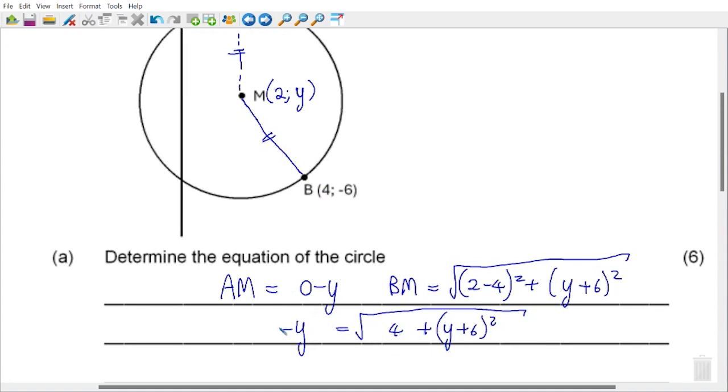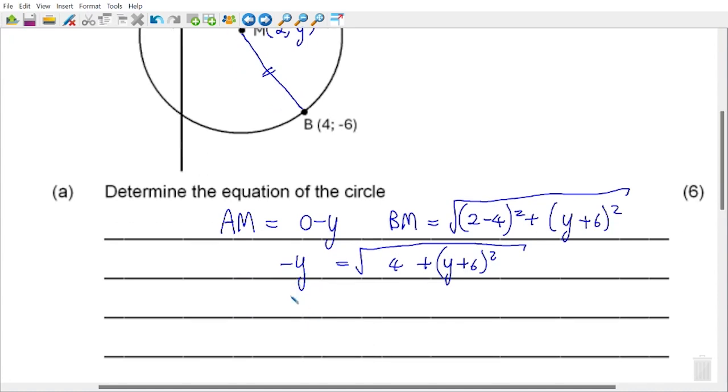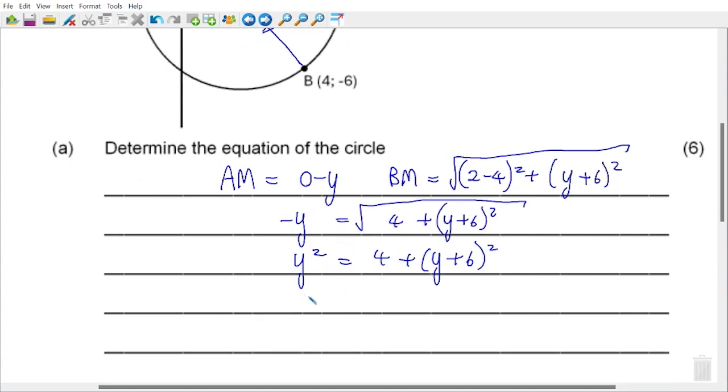What I'm going to do now is square both sides. I'm doing that to get rid of the square root sign. I get y squared, and here I get 4 plus (y plus 6) all squared. So this simplifies down, multiplied out. I actually get y squared plus 12y plus 36 plus 4, so plus 40, all right?